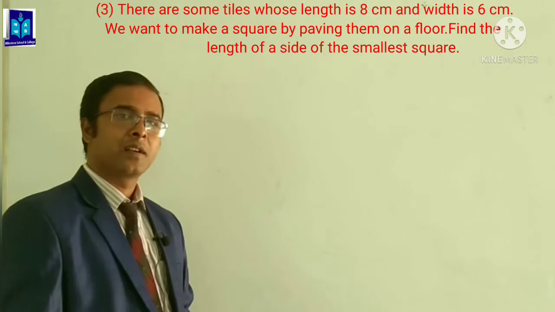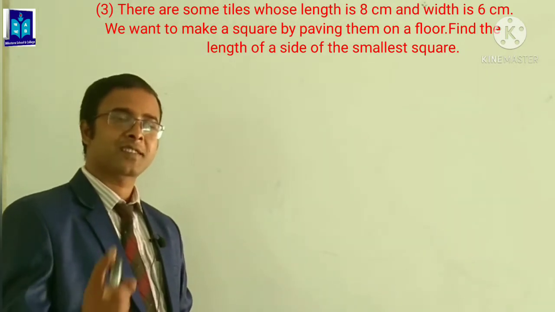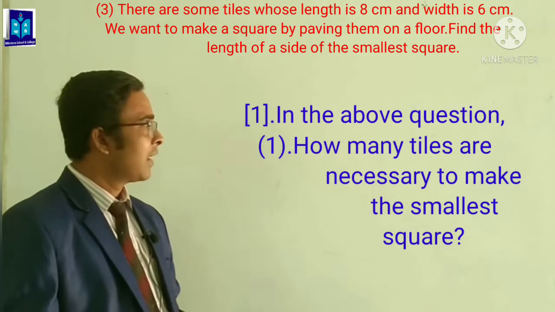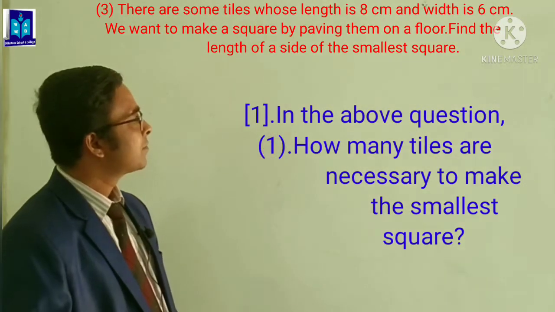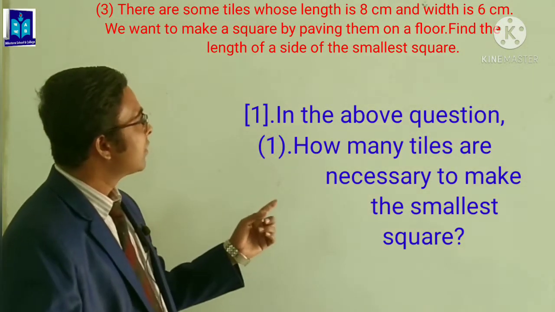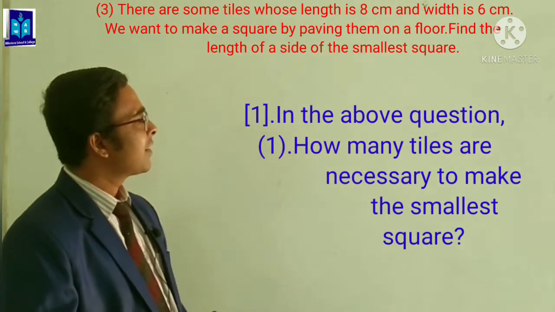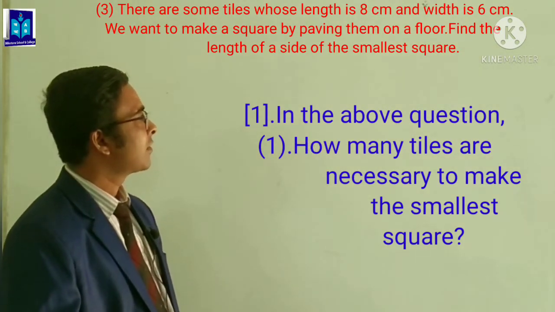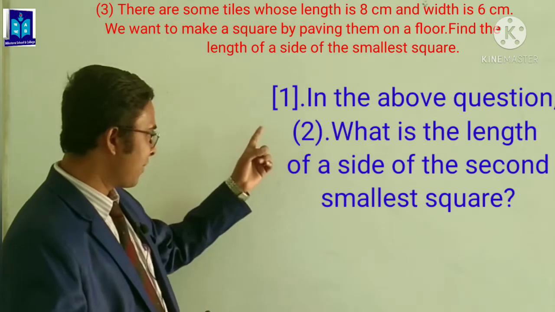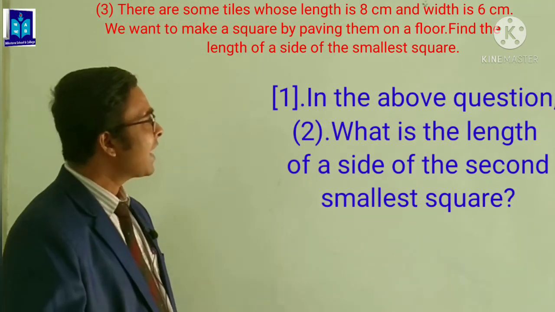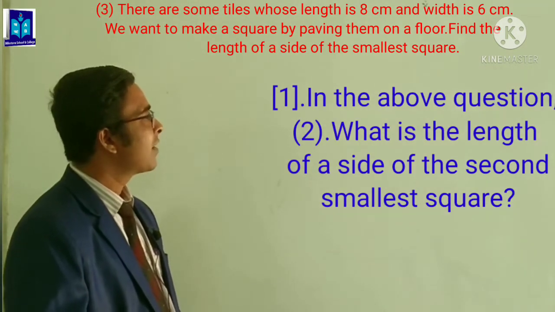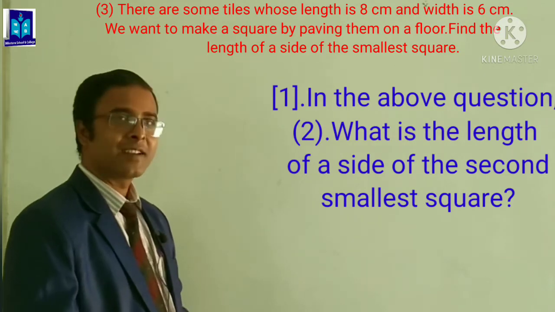Now I will solve question number box 1. In the above questions, number 1, how many tiles are necessary to make the smallest square? Question number 2, what is the length of a side of the second smallest square?